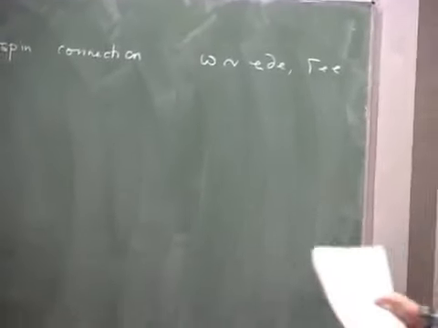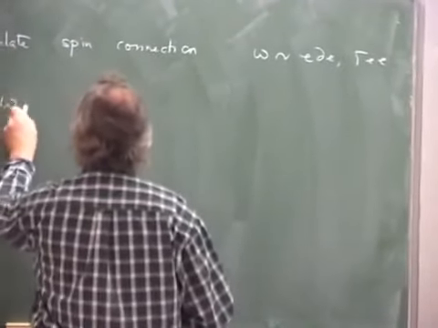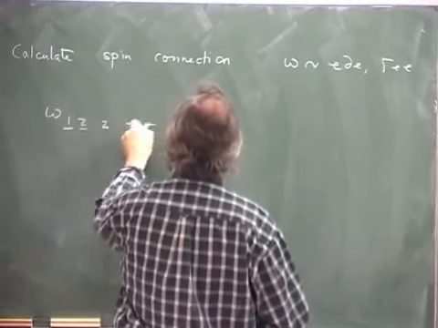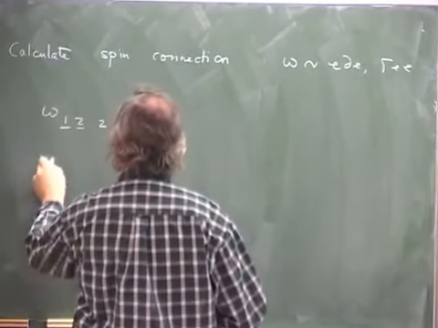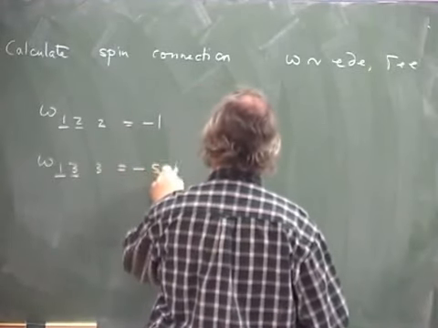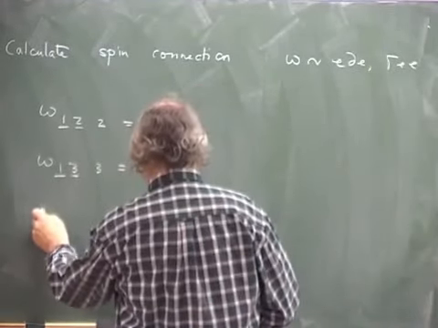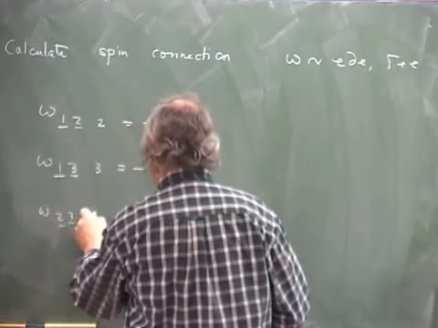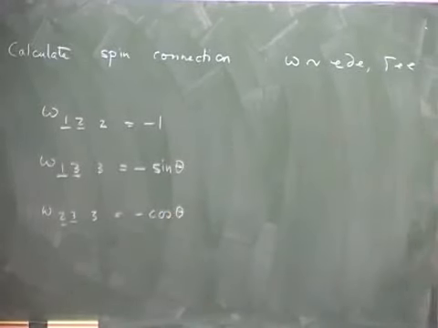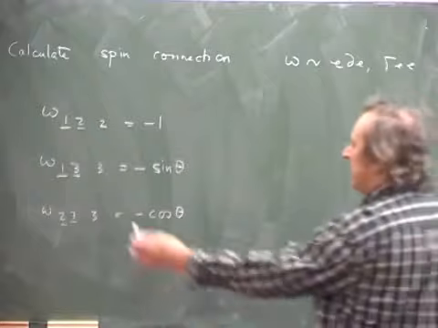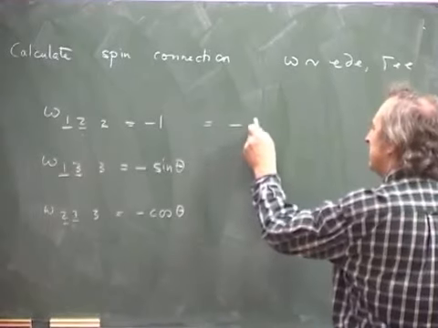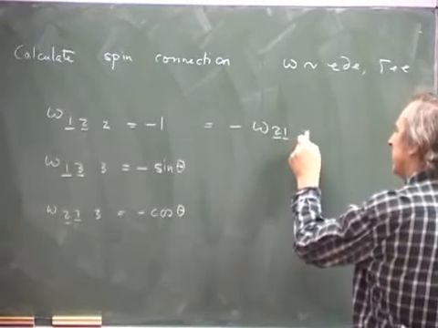And if you do that, you'll discover that omega 2 is equal to minus omega 1 3 3 is equal to minus sine theta. Omega 2 3 3 is equal to minus cos theta. And these are antisymmetric under the interchange of these pairs, so this is the same thing as minus omega 2 1 2.